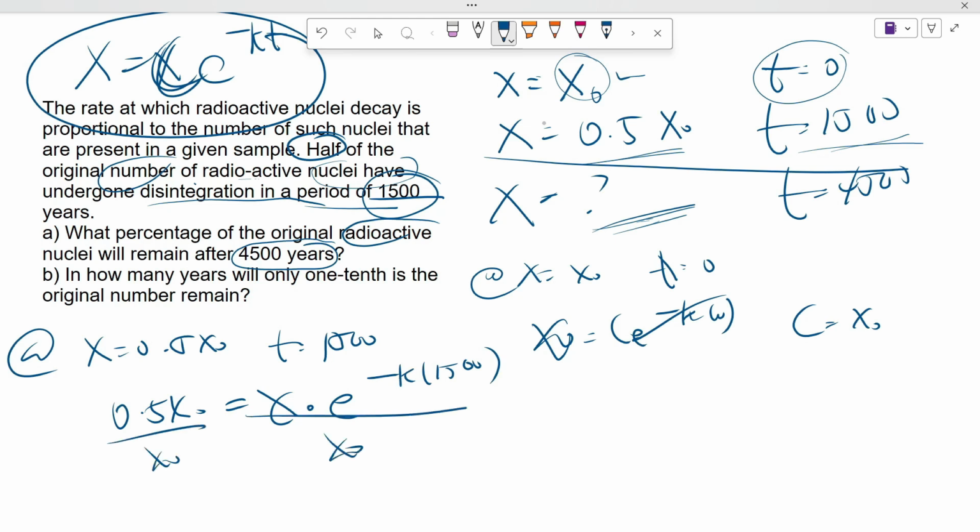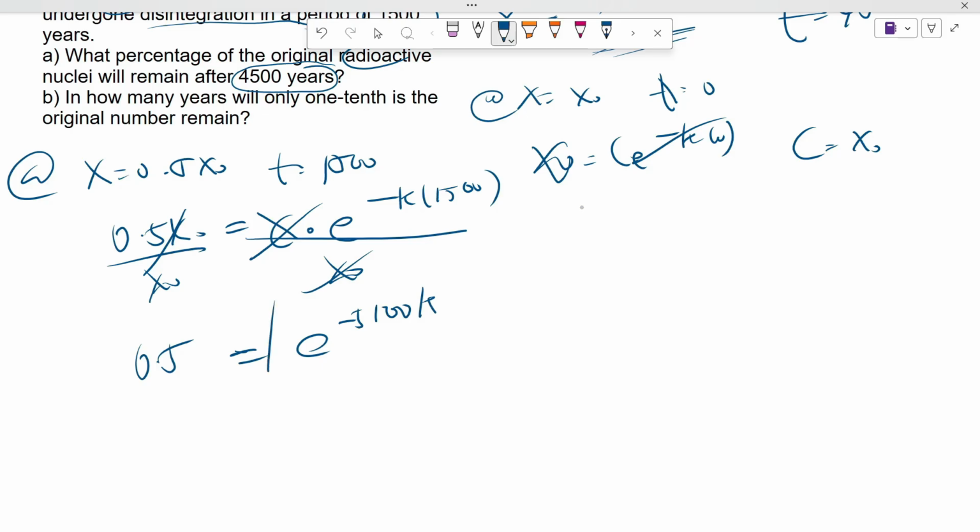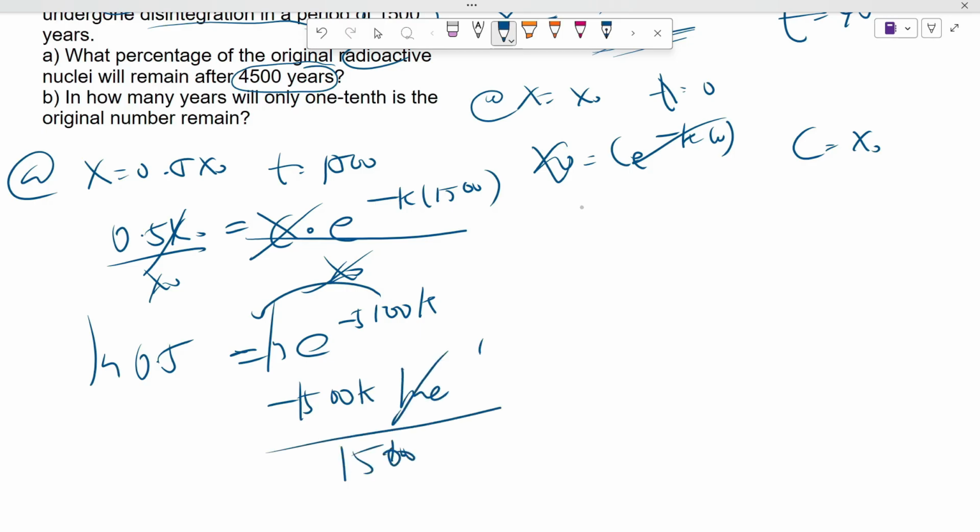Divide both sides by X sub O. What's left on the other side? 0.5 equals e raised to negative 1,500k. Pardon my handwriting. Then we bring the exponent to the front: negative 1,500k times ln of e, and ln of e is 1. Divide by 1,500. Cancel, what's left is negative k.